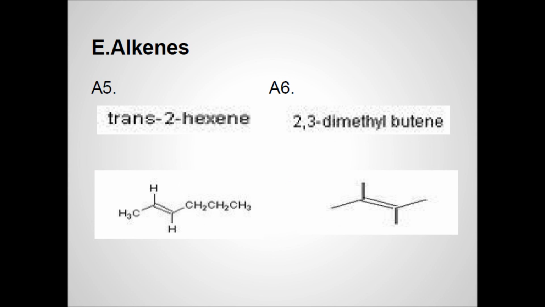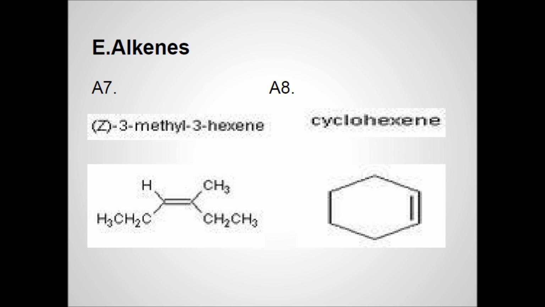Next one, draw the parent line first, which is hexene, and there are 2 hydrogens placed opposite to each other. For the second one, the parent line is butene, which is 4 carbons, and connect methyls on the 2nd and 3rd carbons. Then it is going to be 2 and 3 dimethylbutene.